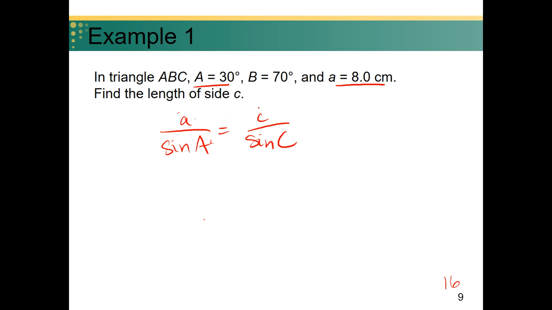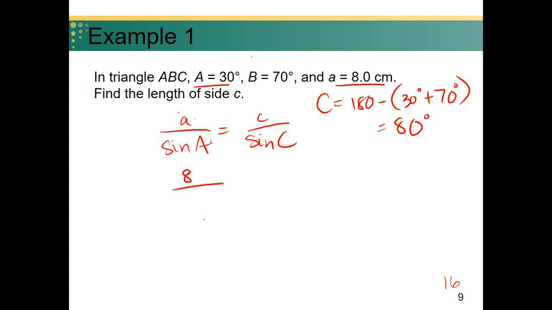When you have two angles, you have the third angle for free because they add up to 180. So C is 180 minus the ones we've already got. So C is 80 degrees.